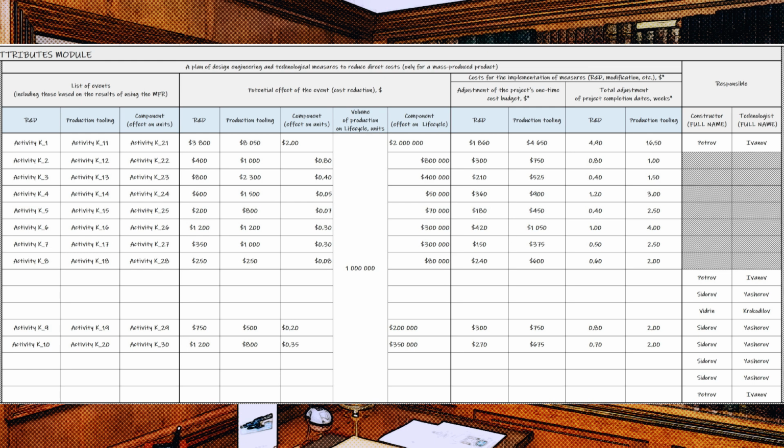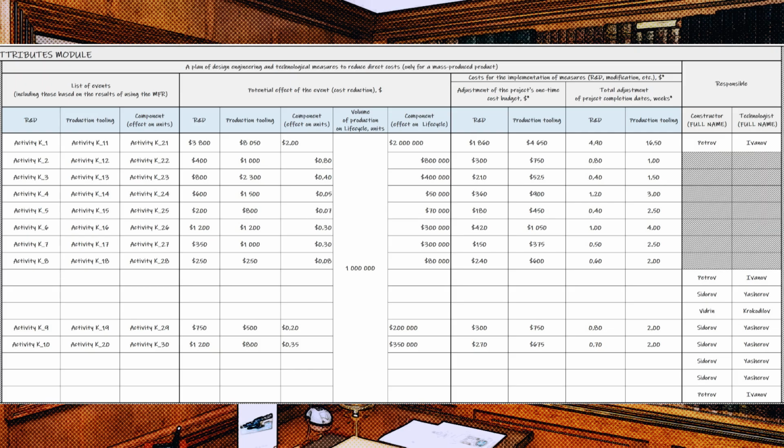The project manager approves a proposal to amend the design engineering documentation for the components, which sees a description of the change management design procedure, according to which, firstly, the design engineering documentation for the component is changed. Secondly, the design engineering documentation for the tooling is changed, and further changes are made to ready-made tooling, and all this is done.